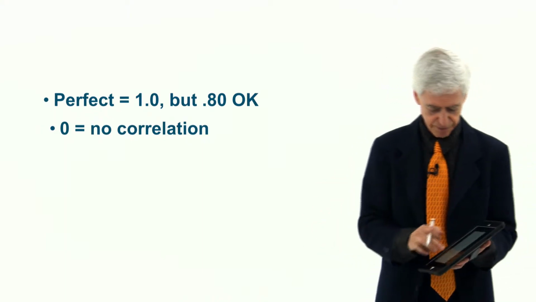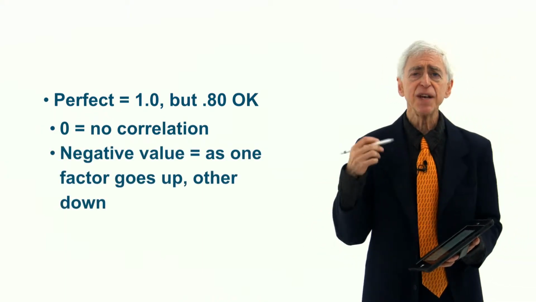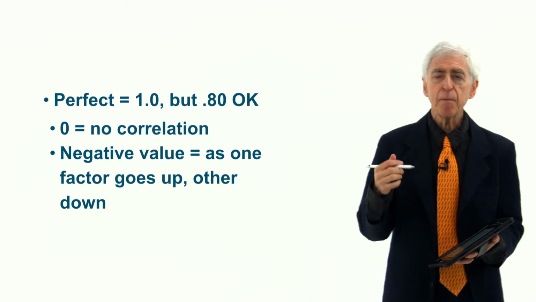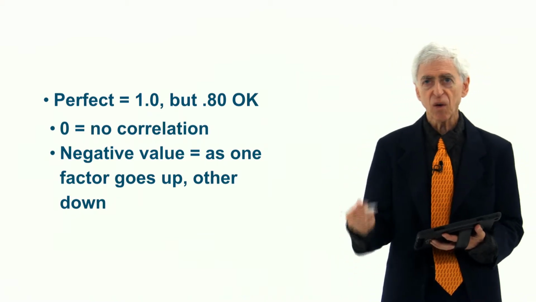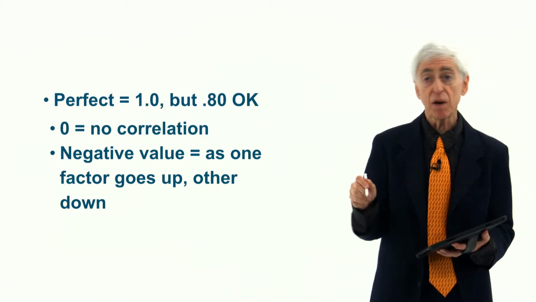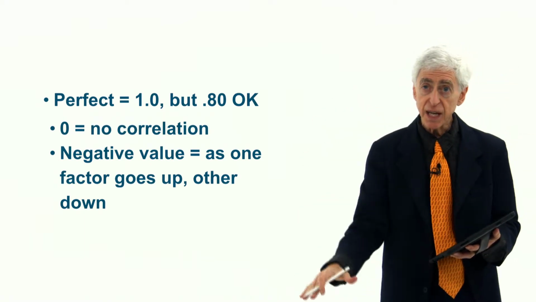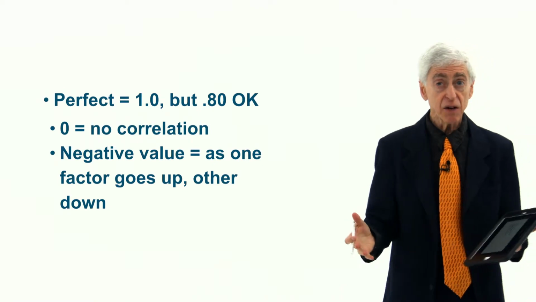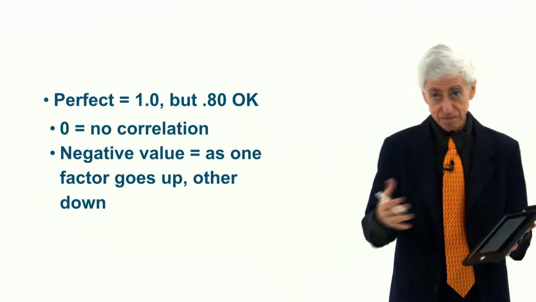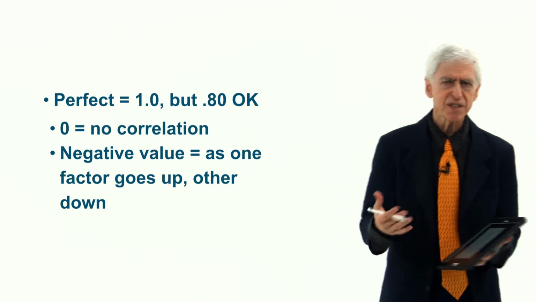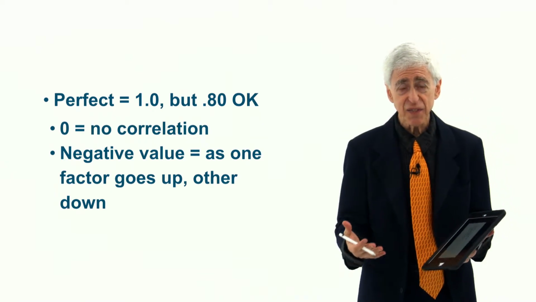That's a 0. It's possible to have negative values. A perfect negative correlation would be minus 1.0. As one factor goes up, the other one goes equally down. That's a good correlation if you're trying to prove that. Obviously, with testing, we're not usually doing that sort of thing.